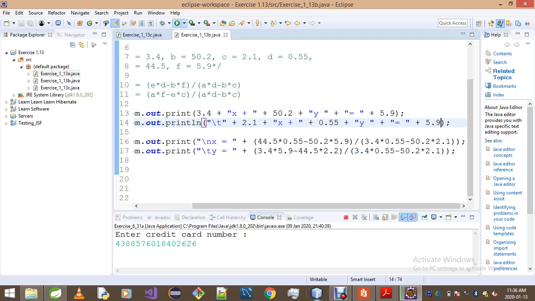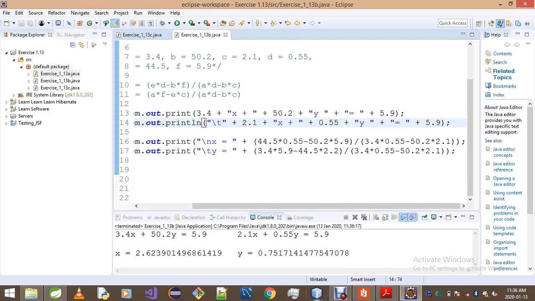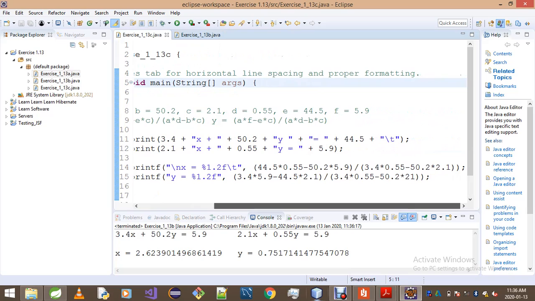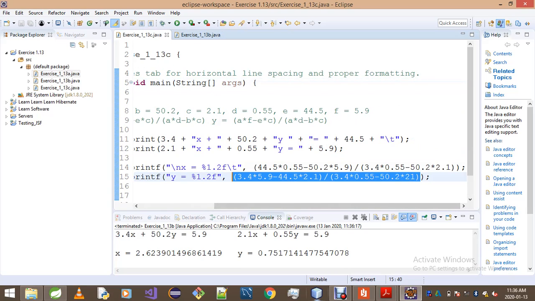Or we can simply copy and paste what we had right here and put it on student C, because as I mentioned, when working with these numbers, there's a huge chance that you're gonna mess up.